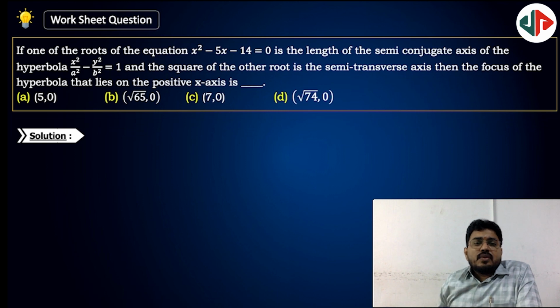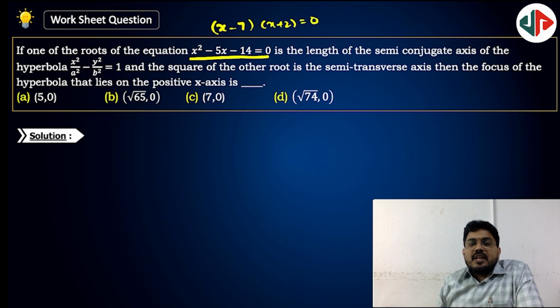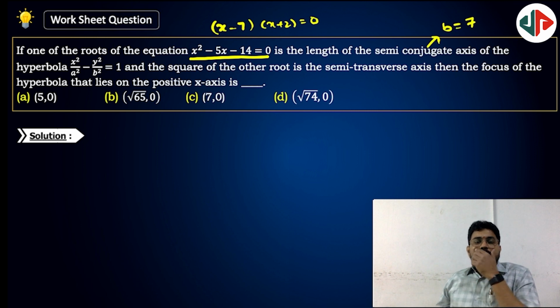If one of the roots of the equation x square, okay, one of the roots. So what are the roots for this one? x square minus 5x, this one. So x minus 7 into x plus 2 is equal to 0. So semi-conjugate axis, b is equal to 7, right? Minus 2 cannot be positive.